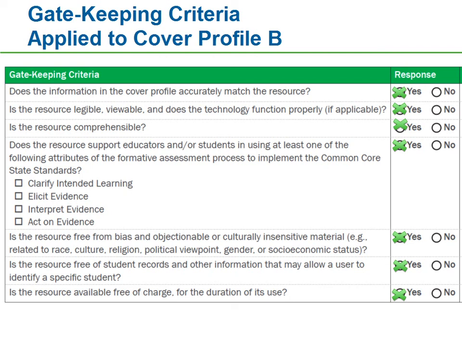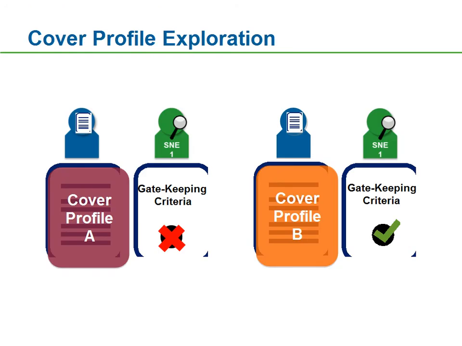So this is just showing you the importance of really making sure you emphasize everything clearly and that you include everything on the cover profile just so people understand it and that it makes sense. This exercise helped us see that although the cover profile is only mentioned in one small part of the gatekeeping criteria, having an incomplete or incorrect cover profile can ultimately keep a quality resource from being posted in the digital library.